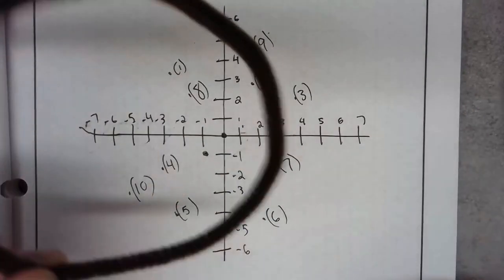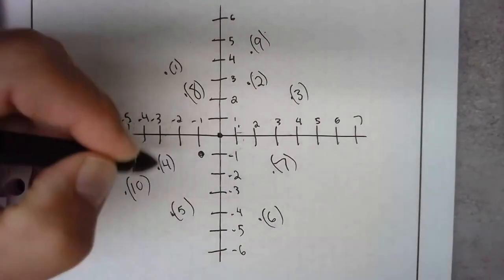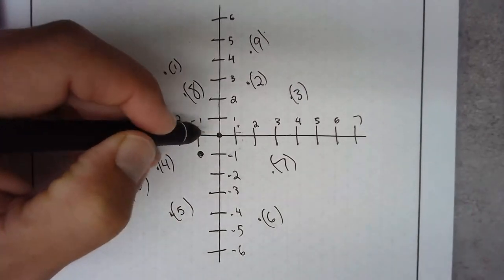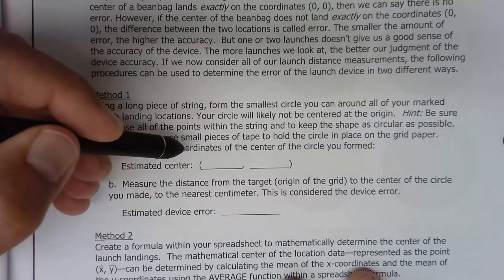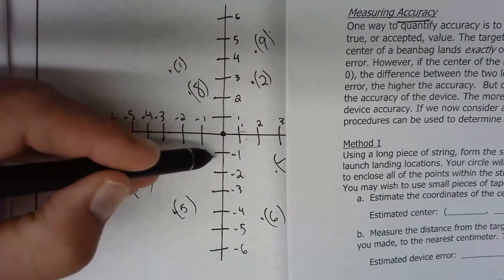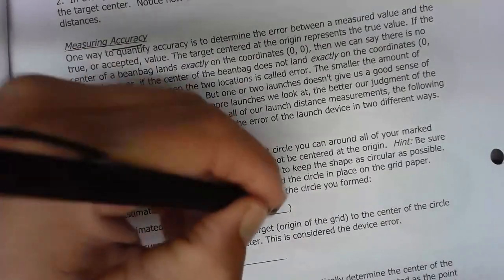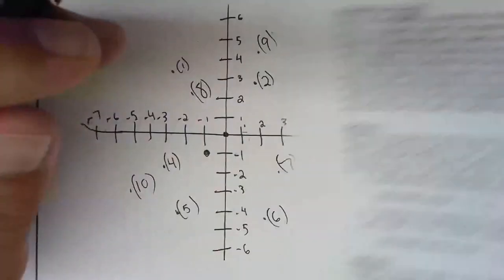You might have to attach a couple pipe cleaners together. But this right here is going to be my estimated center. See how that's -1, -1. So my estimated center is -1, -1.